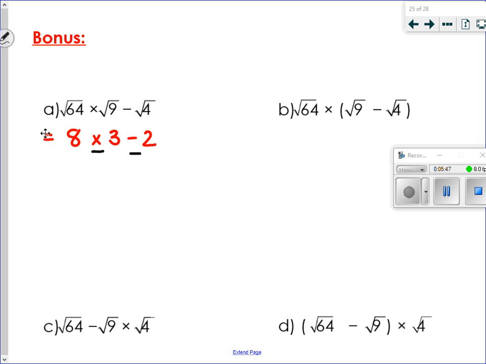So I need to make sure that I use BEDMAS, the order of operations, to evaluate this expression. Would I multiply first or subtract first? Right, we would have to multiply first. So I have first 8 times 3, which is 24, and then I'm subtracting 2. 24 minus 2, 22.